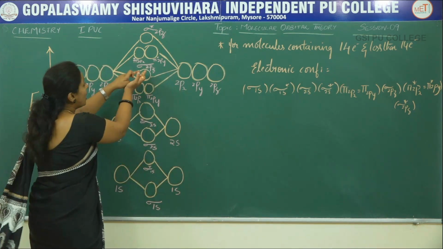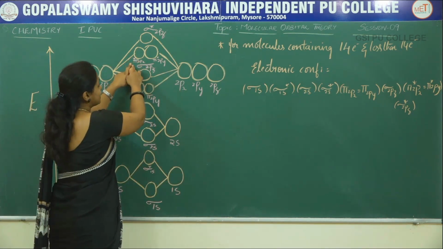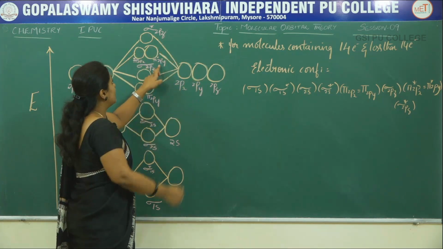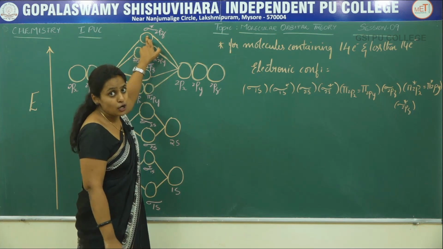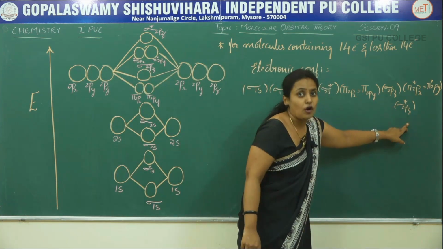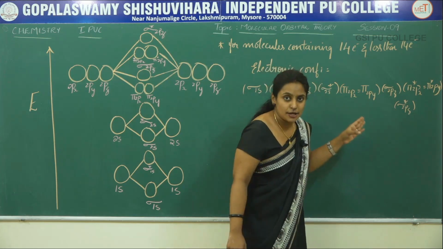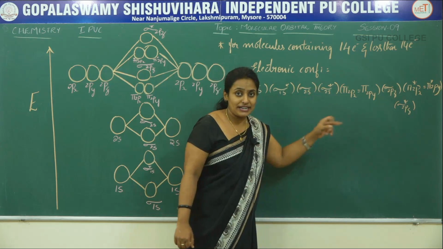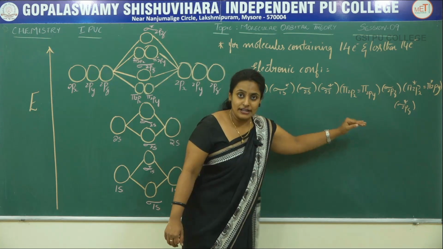Then sigma 2pz, then pi star 2px and pi star 2py, which have the same energy. Finally sigma star 2pz. This is how we write the electronic configuration in increasing order, and the electrons are filled in these orbitals in the increasing order itself.